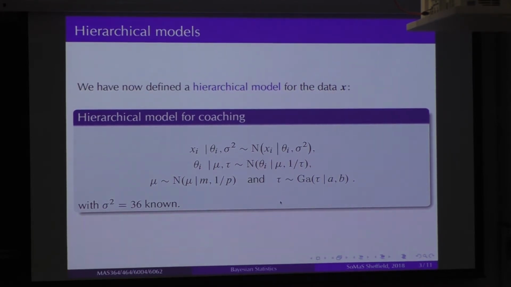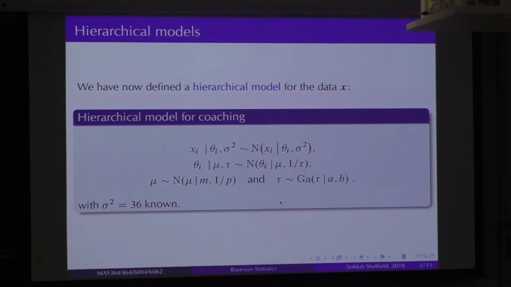So now we have more parameters than observations. But we are linking those parameters through this distribution, and by doing that, we will be able to estimate all of them, right?